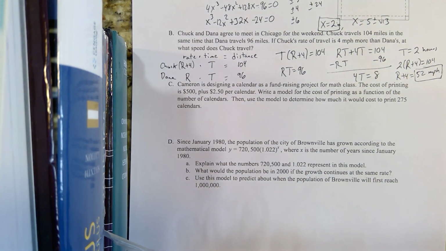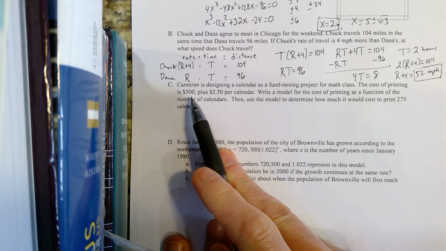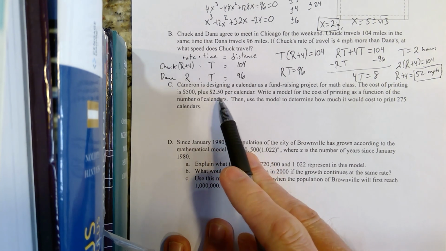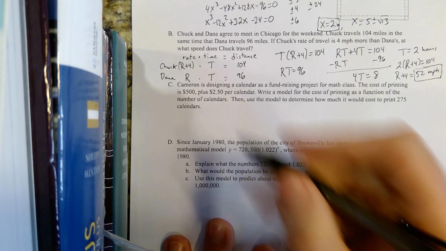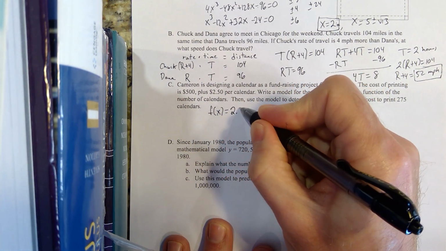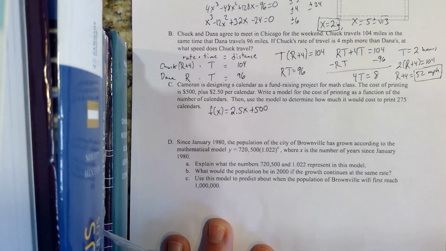Okay, moving on. Our next problem is a linear relationship. We have a startup cost or y-intercept of 500, and then a rate of change of $2.50 per calendar, or in other words, a slope of 2.50. So my function is 2.5x plus 500. Okay.